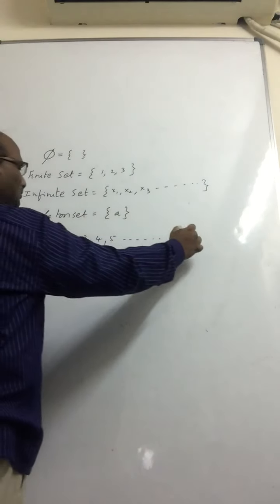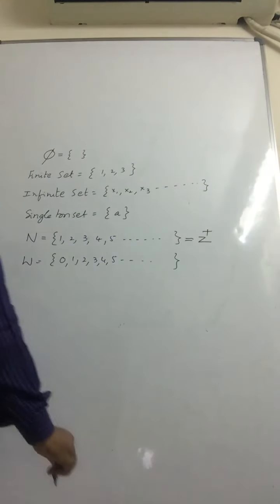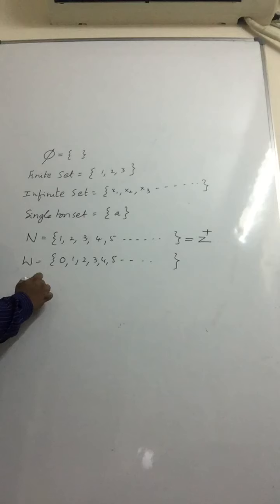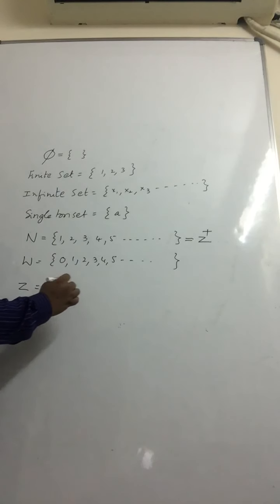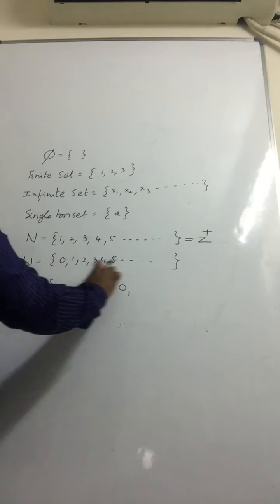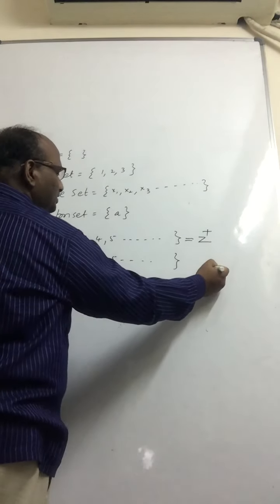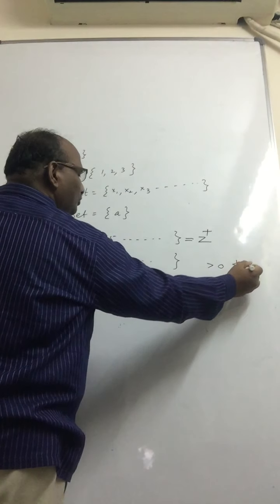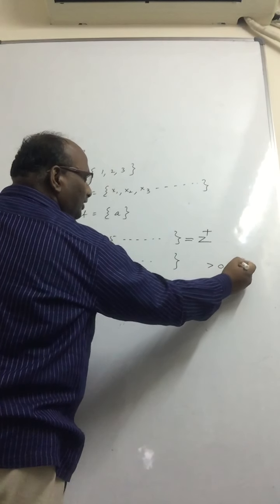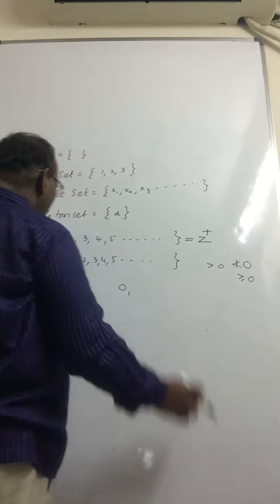This also some books denote with Z plus, where Z will be, in addition to the non-negative. There is a difference between positive and non-negative. Non-negative means not negative, maybe more than or equal to 0.